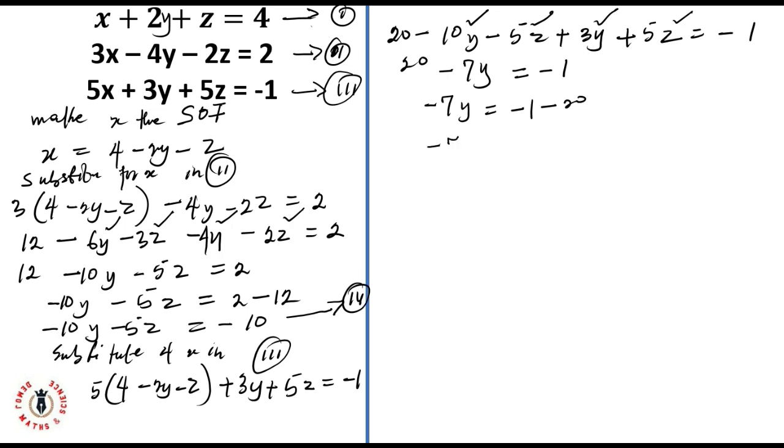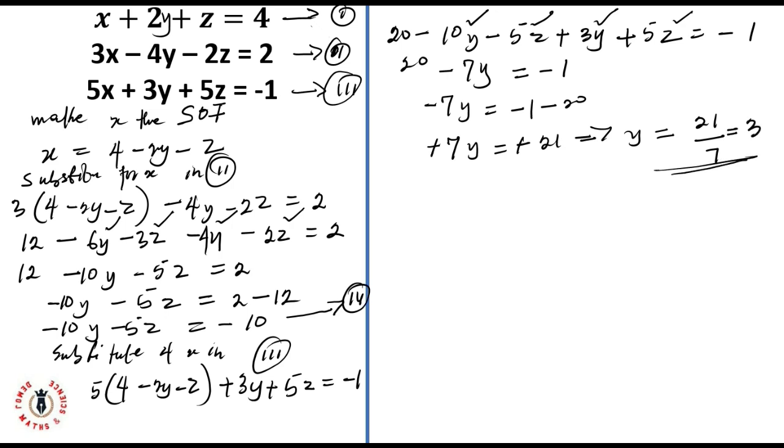So minus 7y is the same thing as minus 21. Dividing both sides by minus 7, y is the same thing as 21 over 7. Minus will definitely cancel minus, so y is equal to 3.